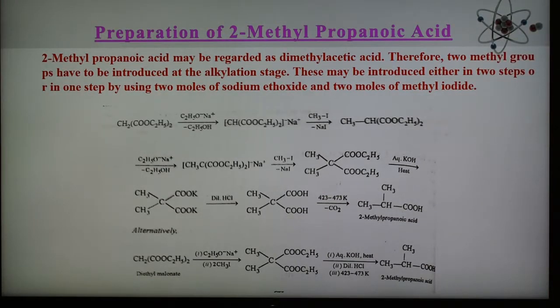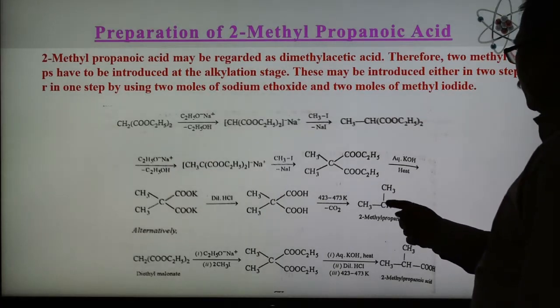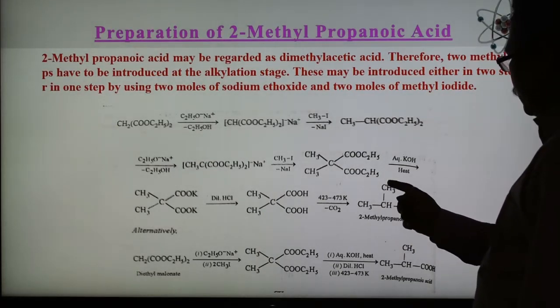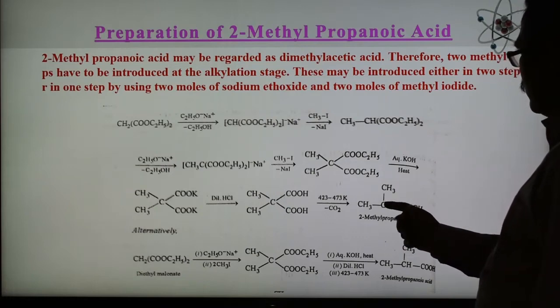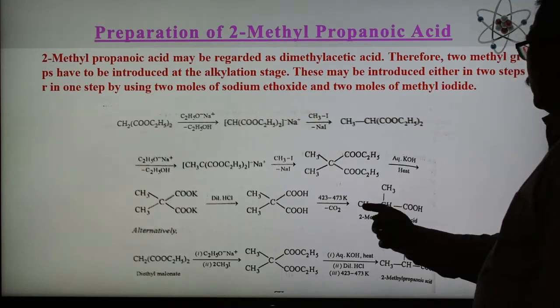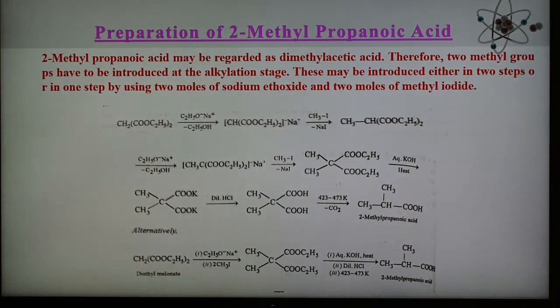So this is the compound known as 2-methylpropanoic acid. So this is the methyl, 1, 2, 3 carbons, and the methyl is present on the second carbon. So 2-methylpropanoic acid is the compound synthesized in this way.